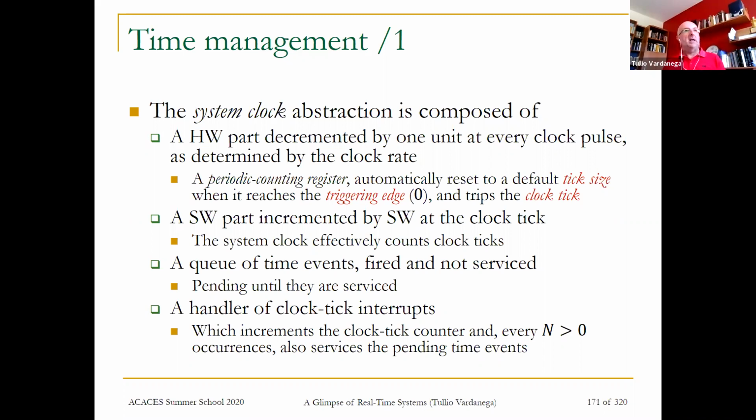And therefore, the hardware register decrements, reaches zero, and this zero is an event that the hardware can notice. The hardware can use this to notify the fetch stage of a pipeline, saying, well, something happened. The clock triggered. And can you tell how much time passed from the previous trigger?